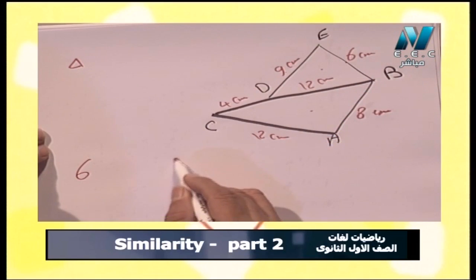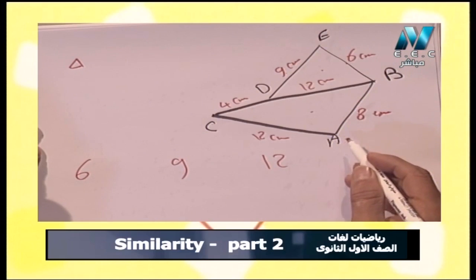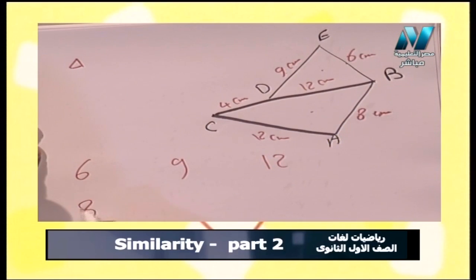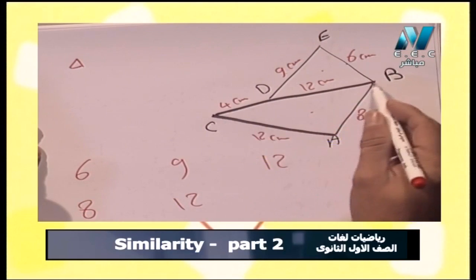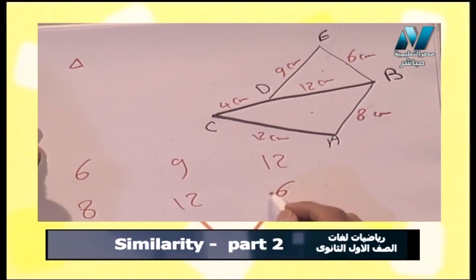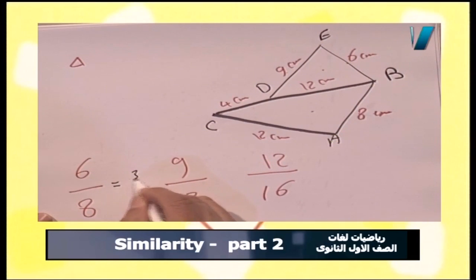And we put the sides of the second triangle from the smallest to greatest, so we arrange them: 8, 12 and 16. We have BC here, the sum of CD and DB, so it's 16, and put a fraction here. What will we find? We will calculate them, and we will find that each of them equals 3 over 4.